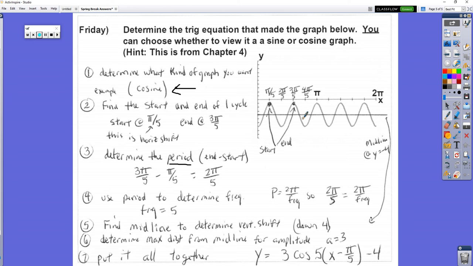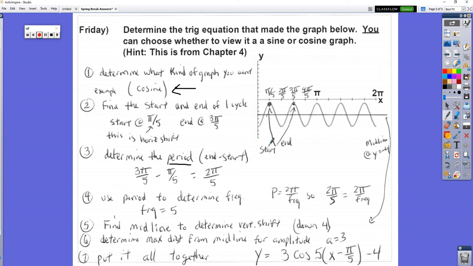Now, if you had chosen to do a sine graph or an upside down cosine graph, many of these pieces would still be the same. Your amplitude would still be 3. Your frequency would still be 5. Your vertical shift would still be -4. The only thing that would change if you decide to look at this graph differently is your horizontal shifting.